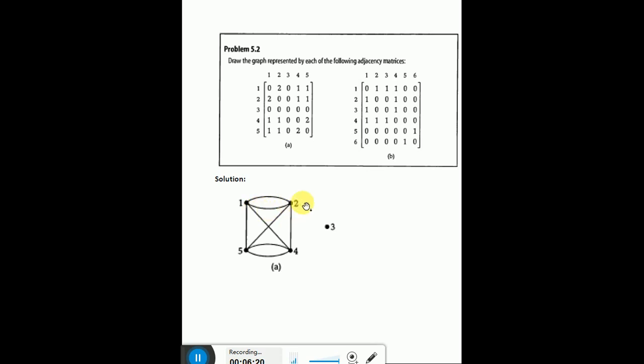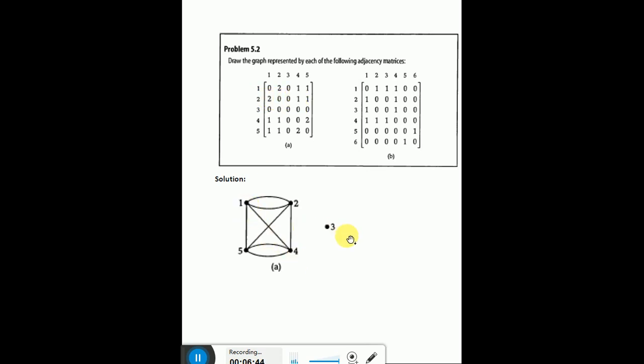You can draw the graph in any pattern, in any way. I am showing that 1, 2, 3, 4 and 5 can be placed anywhere on this surface. So 1 is joined with 4.